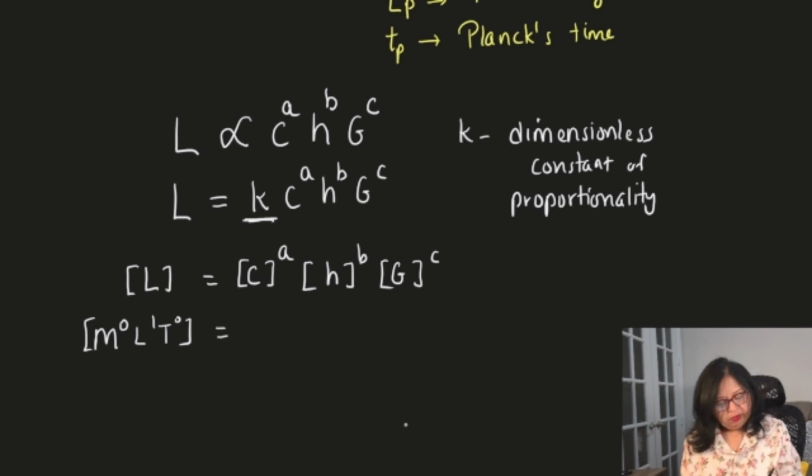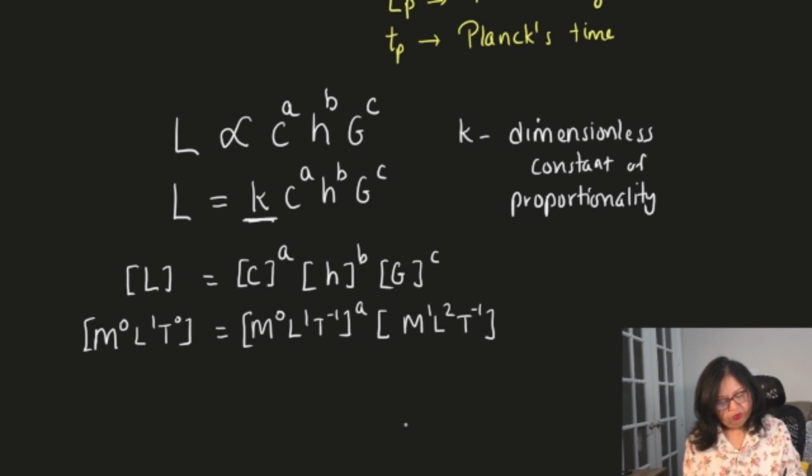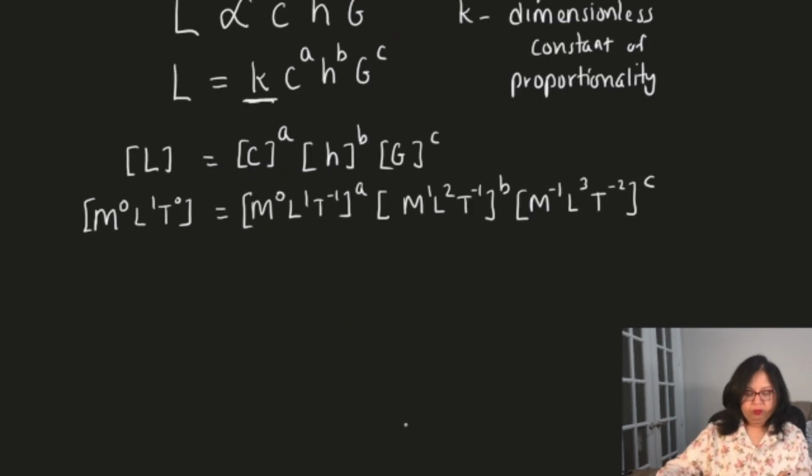On the right hand side, c is the speed of light, which is M0 L1 T minus 1 in brackets to the power a, and h is going to be M1 L2 T minus 1 to the power b, and uppercase G's dimensional formula is M to the power minus 1 L to the power 3 T to the power minus 2, and this all is to the power c.